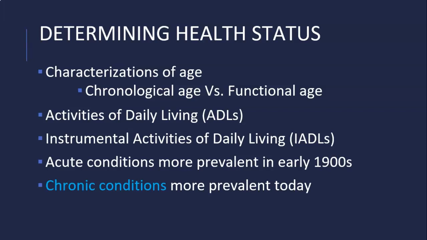You can have somebody who's 60 years old but is very sick and has a lot of debilitating disease that is affecting many areas of their lives. Or you could have a 95-year-old person that's running marathons. So chronological age is measured from the time of their birth. Functional age is based on their ability to perform different activities, their performance capabilities.